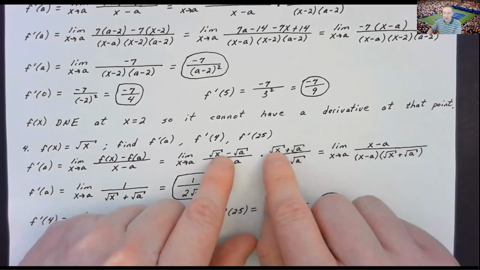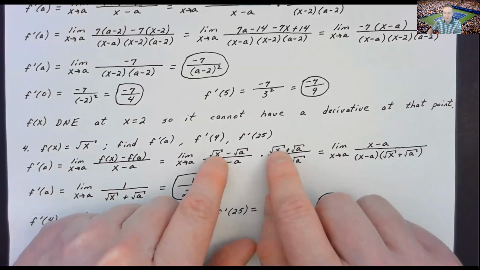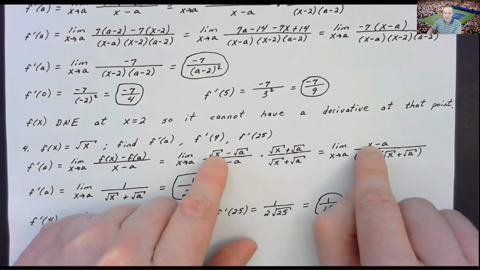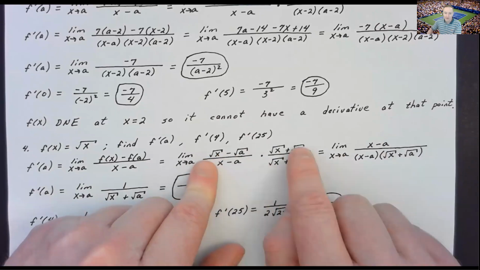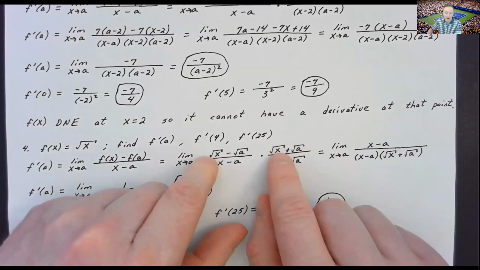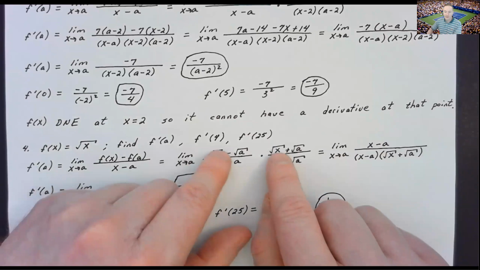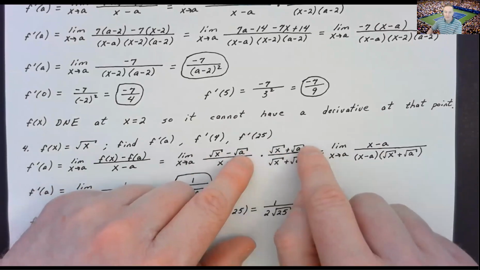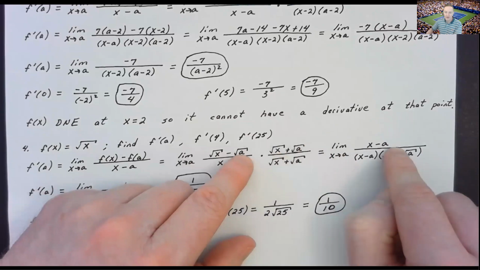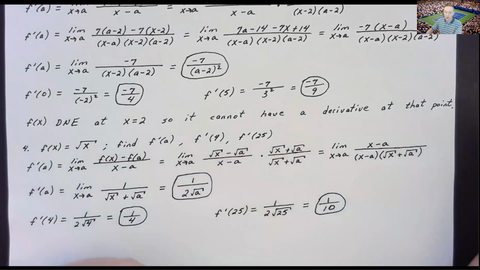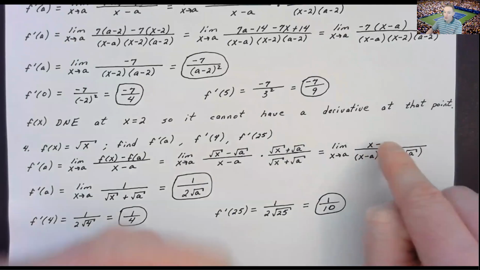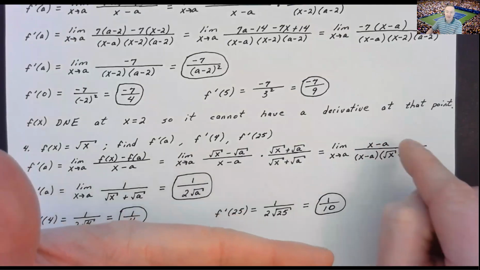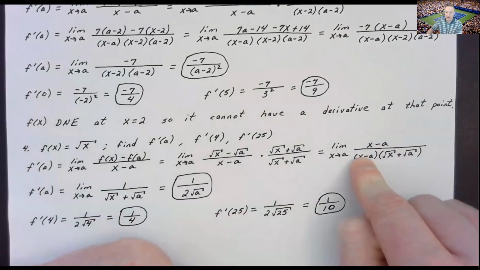In the numerator, I multiply it out. The root of x times the root of x is x. Your middle terms would be plus xa minus xa. They always cancel when you multiply by the conjugate. Your last term is going to be a negative root of a times a positive root of a. That's minus a. This is glorious because now our numerator has the exact term that needs to be canceled in the denominator.